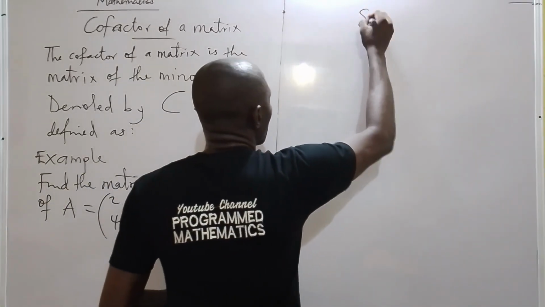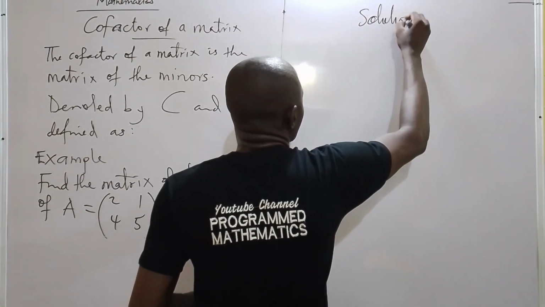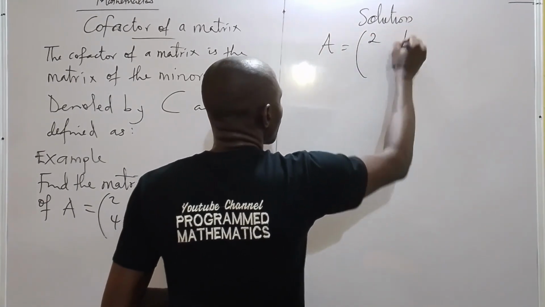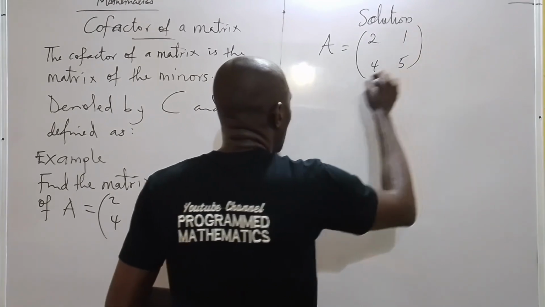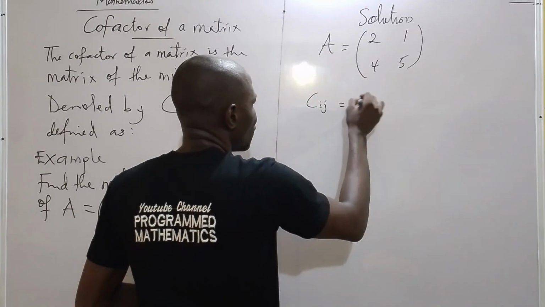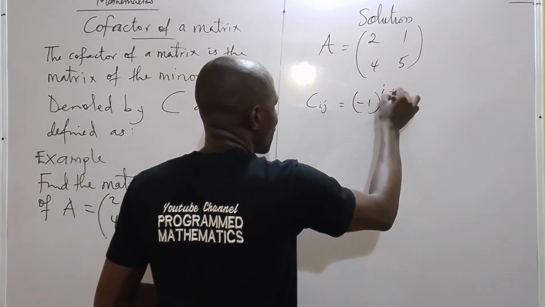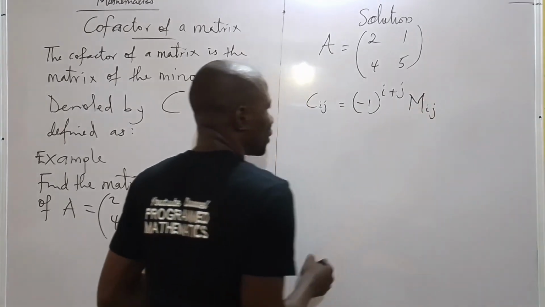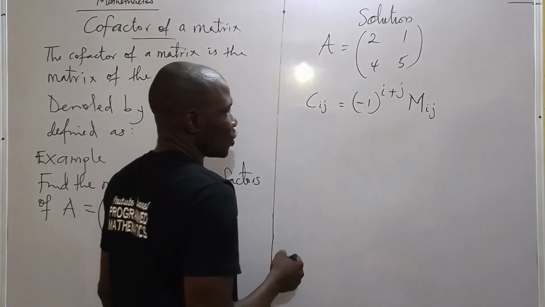Let's look at the solution. Matrix A is 2, 1, 4, 5, and we know that the cofactor Cij is minus 1 raised to power i plus j, times the minor corresponding to the element Aij.